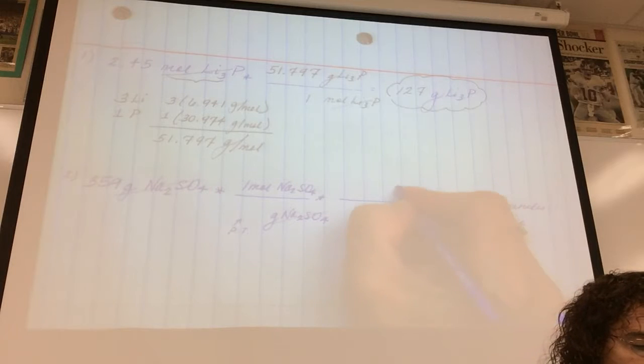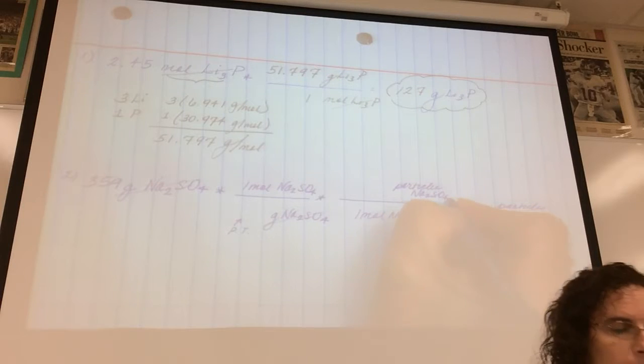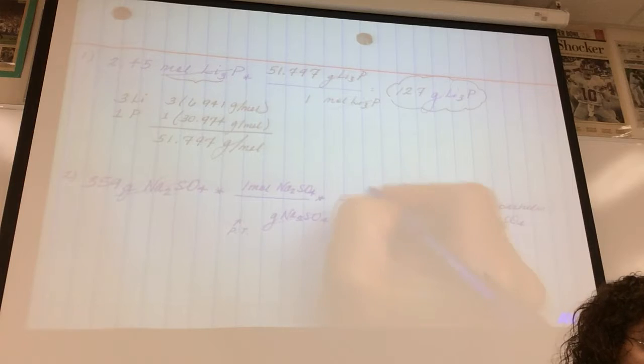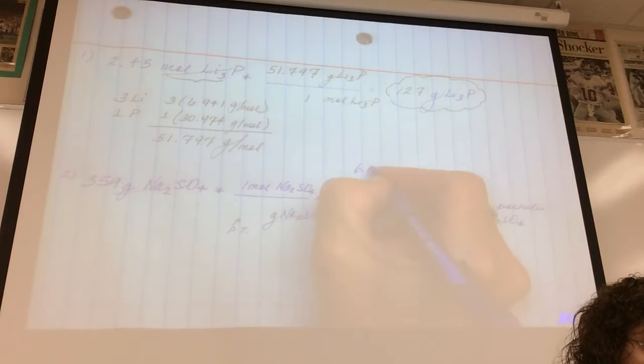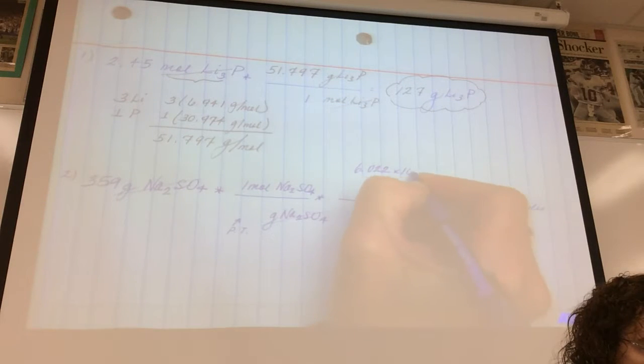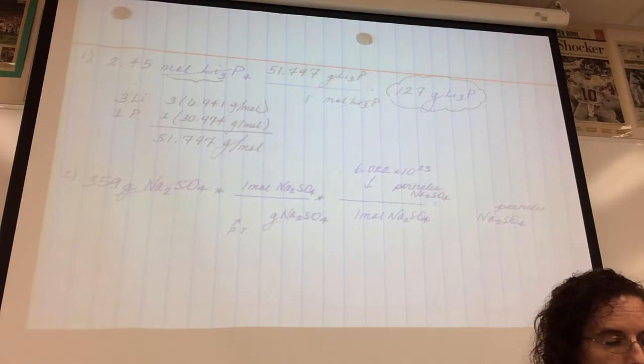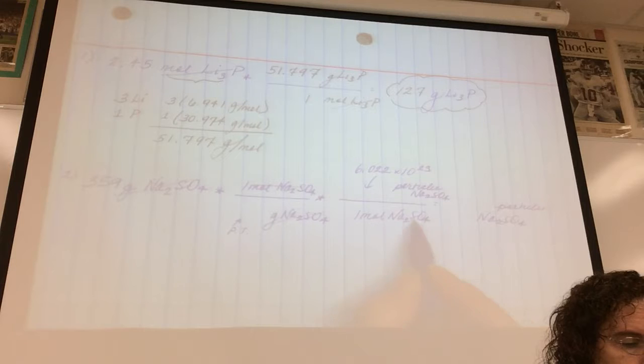Particles of it. And what number always goes with particles, atoms, or molecules? Avogadro's constant. 6.022 times 10 to the 23rd. That is on the back of your periodic table. You do not need to memorize it.